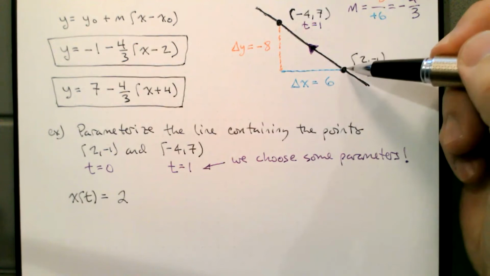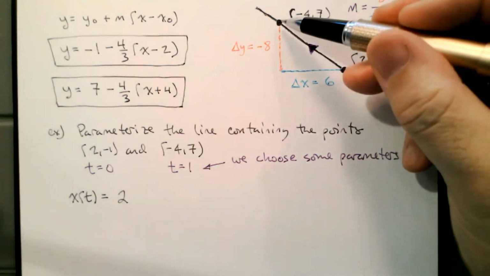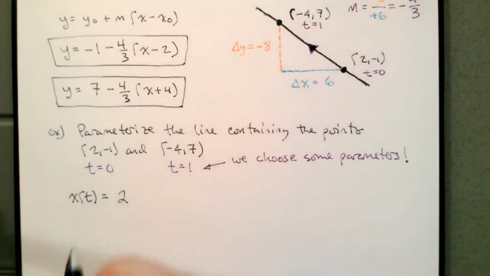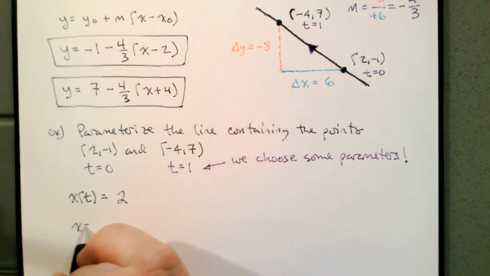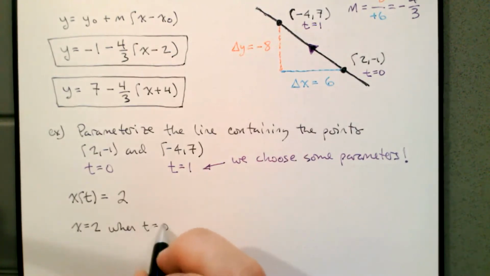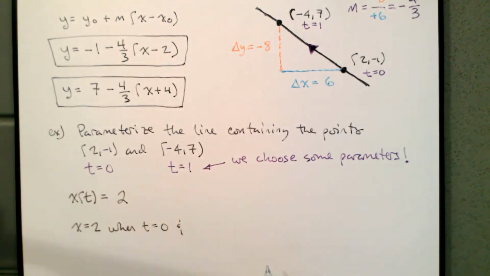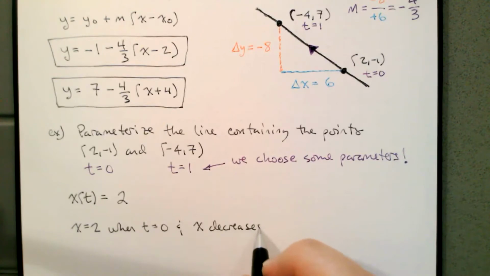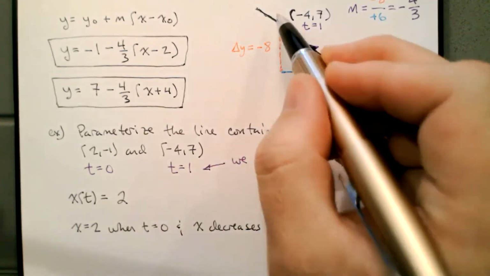And then x decreases by 6 when t increases by 1. So x equals 2 when t equals 0, and x decreases by 6 when t increases by 1.